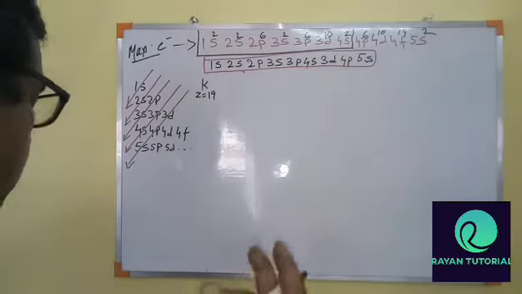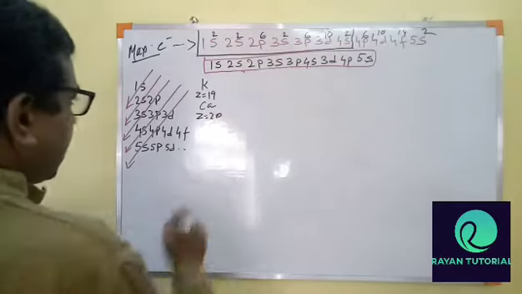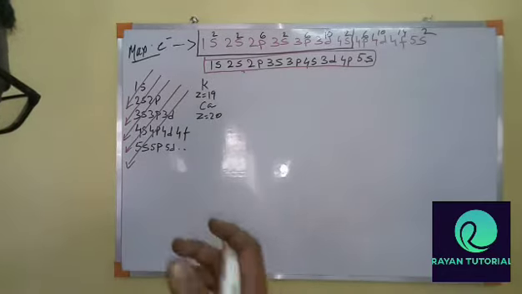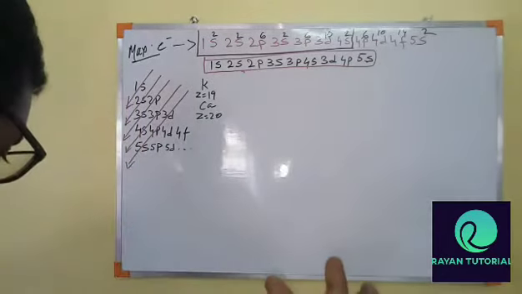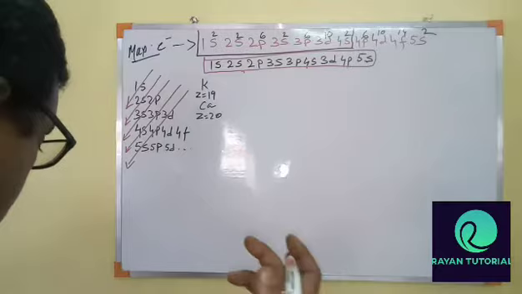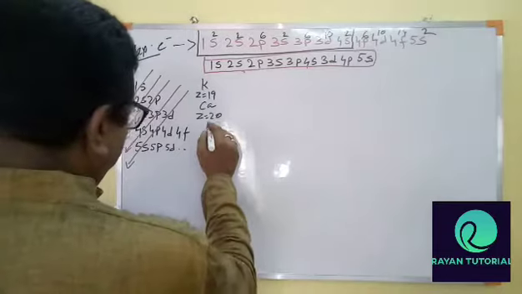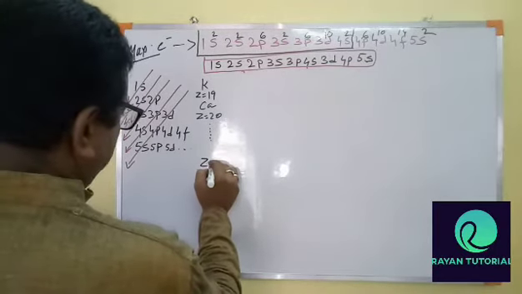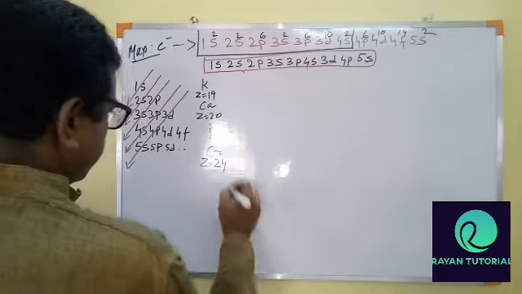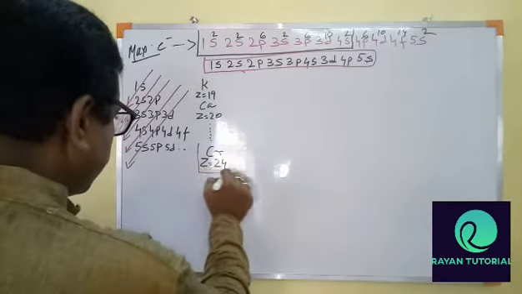After potassium, calcium. Next, the main thing which we have to come across is chromium. We have to come across chromium.